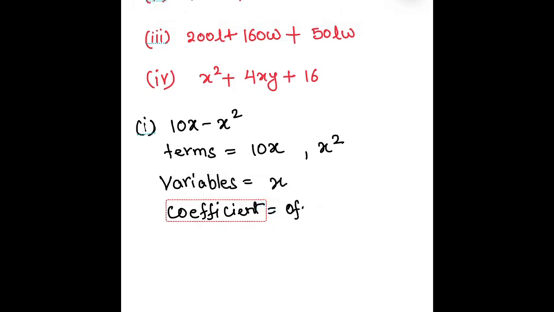Coefficient of x is 10 and coefficient of x square is, as there is no number in front of x square, always 1. So 1 is the coefficient of x square.